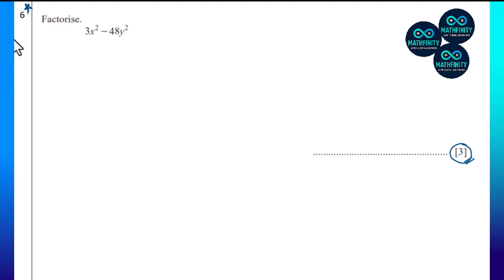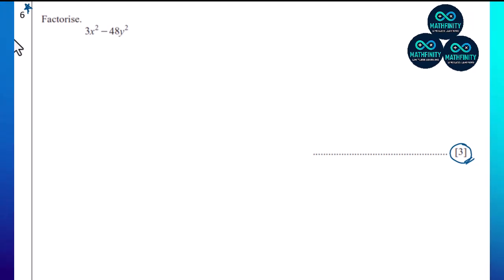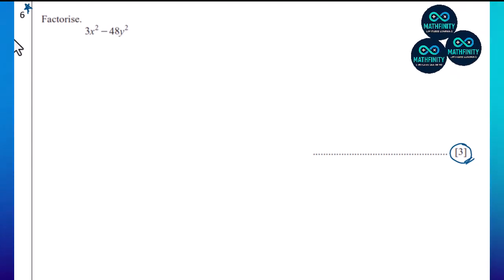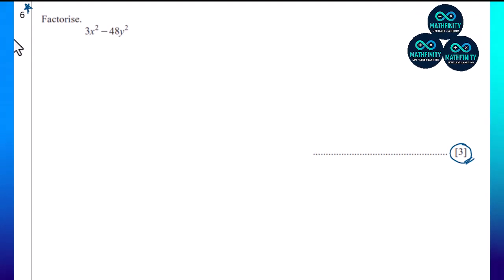Please practice these types of questions and keep these technical points in mind. Number 1, you will take out the common, and number 2, we will also try to make the squares.